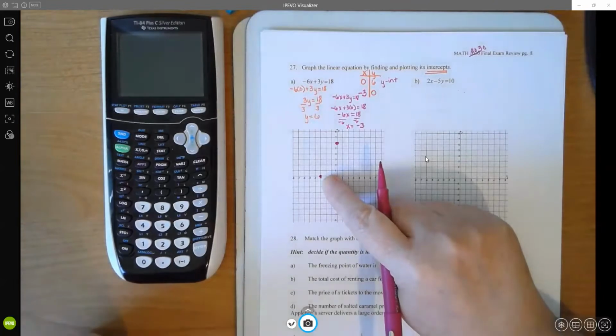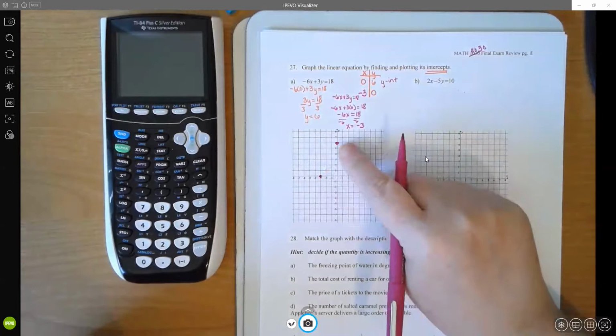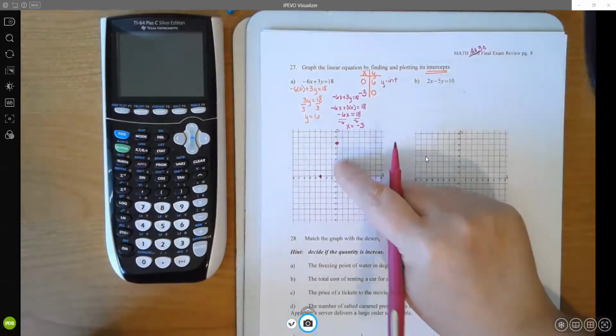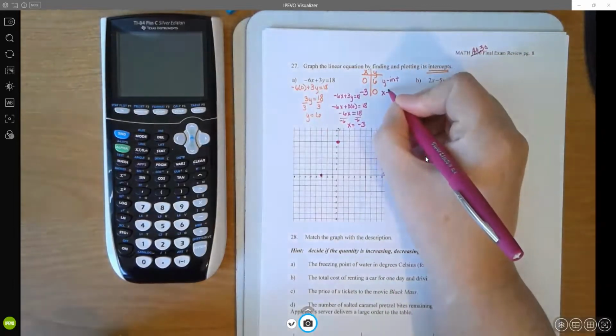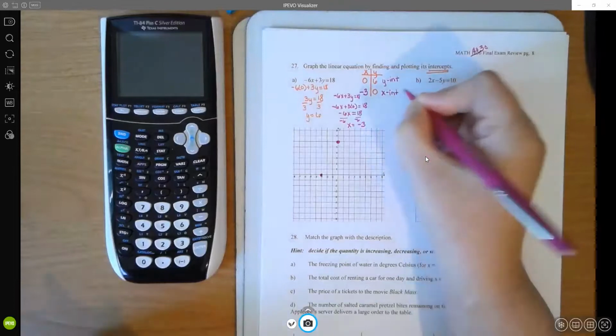And that gives me my two ordered pairs. Again, the y-intercept is 0, 6, and the x-intercept is -3, 0.